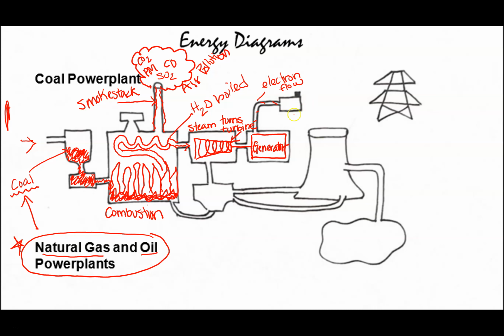This box right here is your transformer, which is going to distribute the electricity that's been generated to all of your different homes and businesses. We'll put that over here.